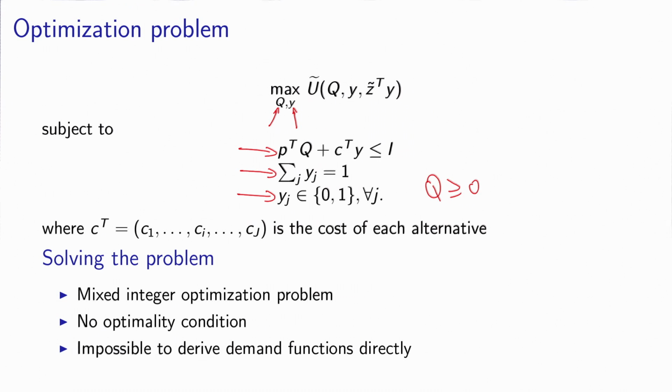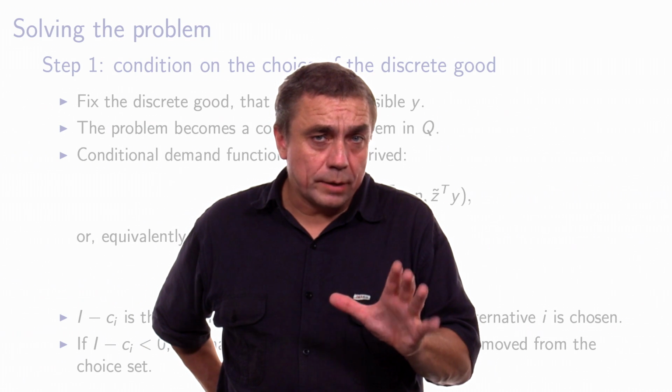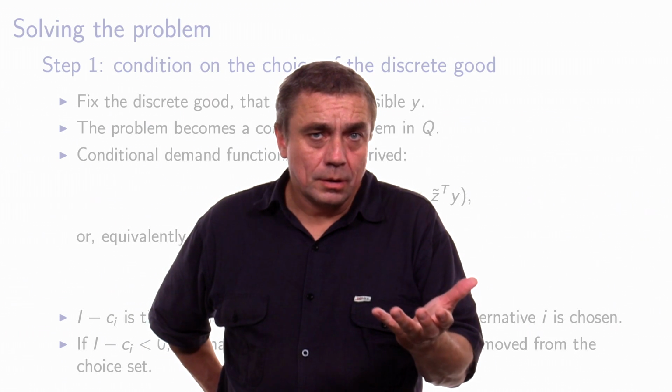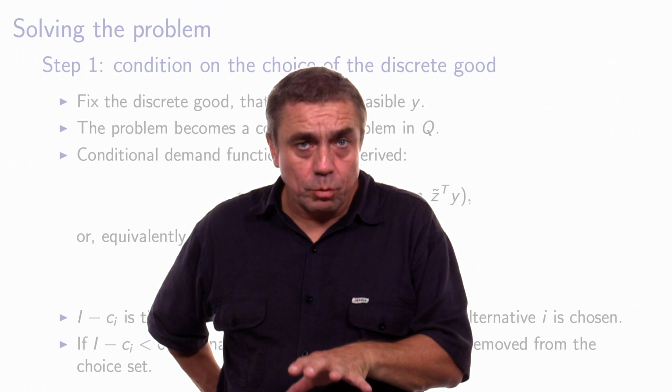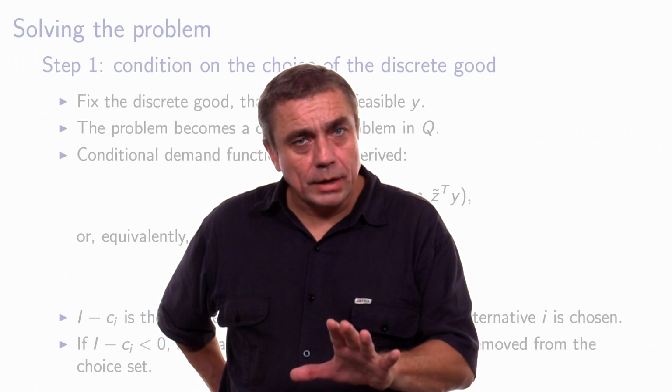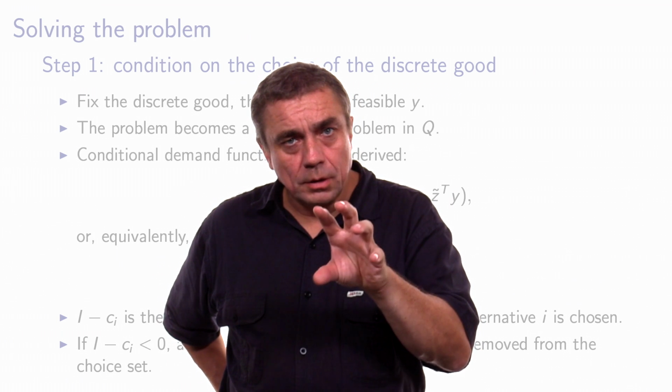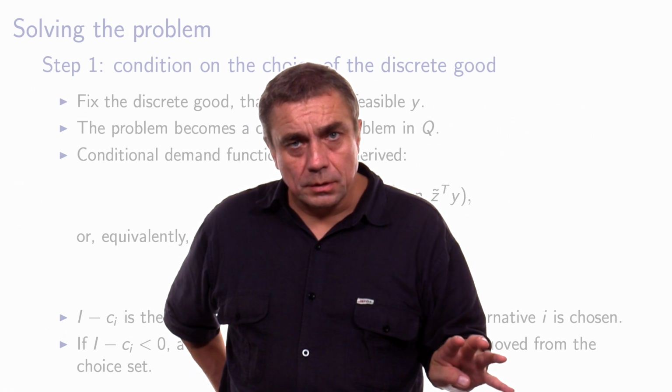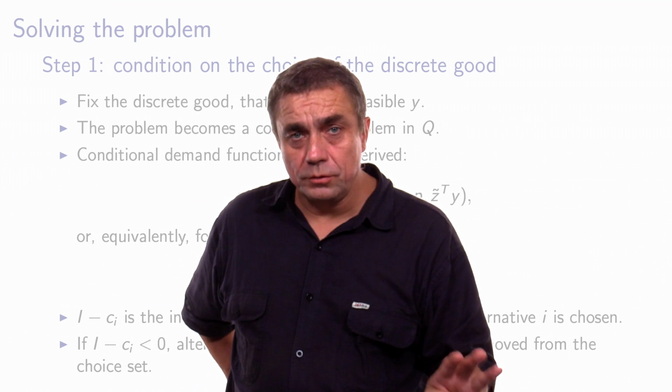We cannot derive a demand function based on the optimality condition because there is no such optimality condition. So we need to deal with it in a different way. As often when we have to solve a complicated problem, we try to reduce it to a simpler problem that we are able to solve. This is what we will do here. We will try to transform this complicated problem into a sequence of problems which involve only continuous goods.